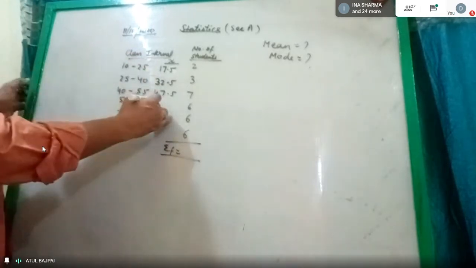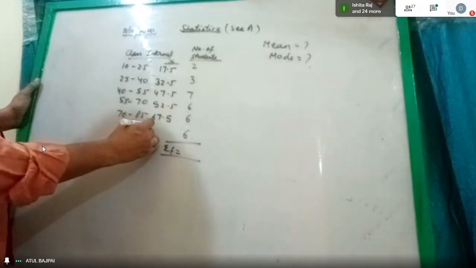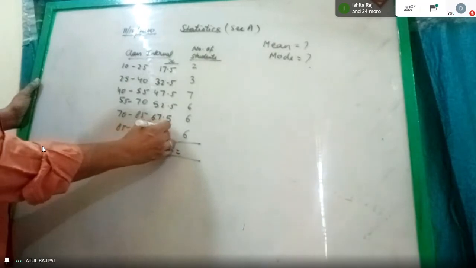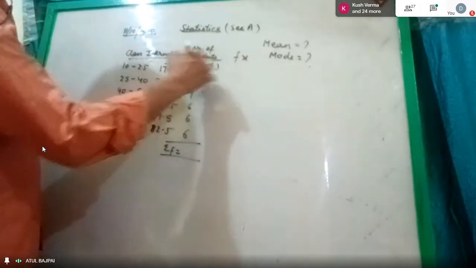You can see the difference. What is this value? 62.5. Then 77.5, then 92.5. Now we want fx. This is f, this is x.